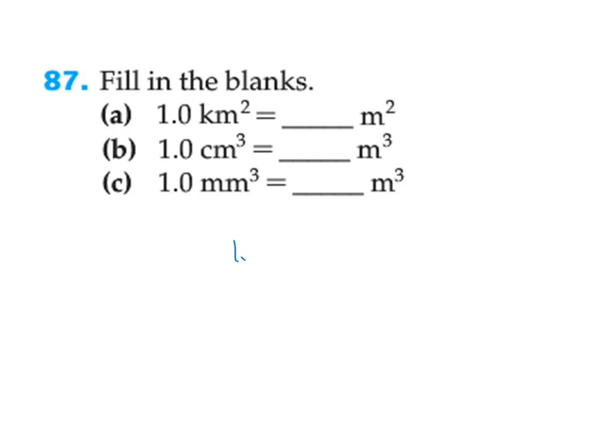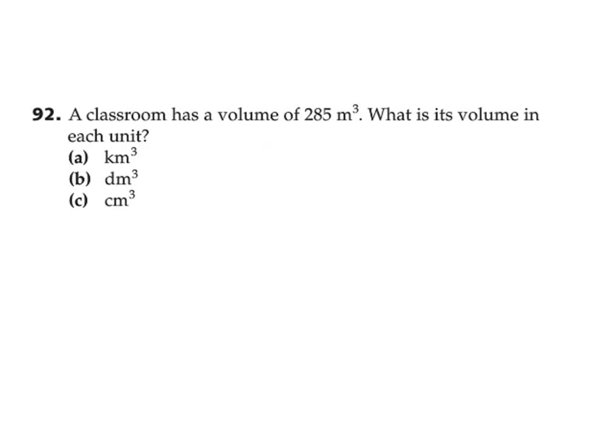So 1 kilometer is equal to how many meters? 1,000. Right, so you're going to use that with factor label. I think you get the idea. By the way, it was blue and an odd number, so that means back of the book.